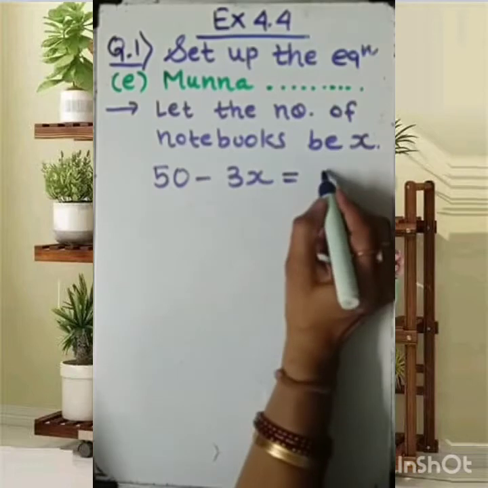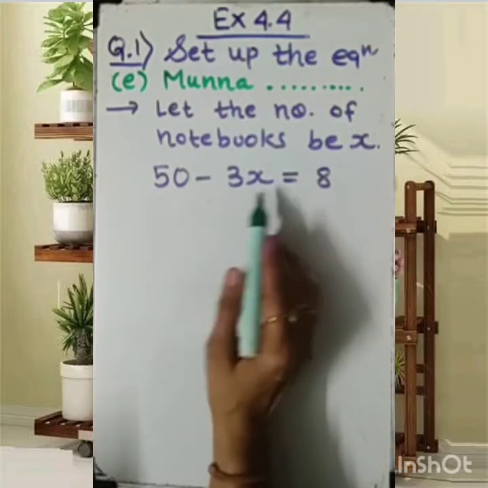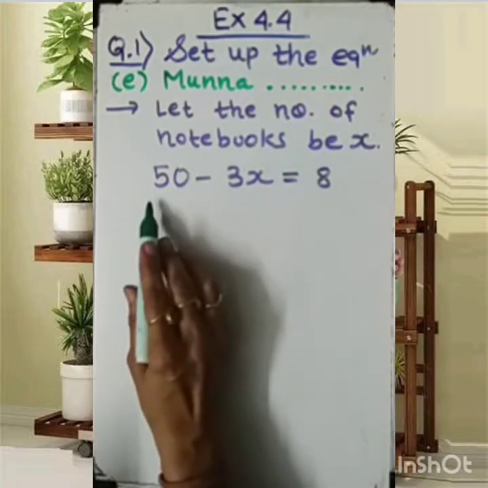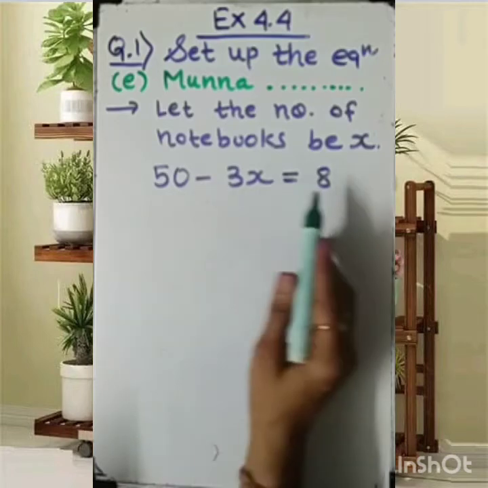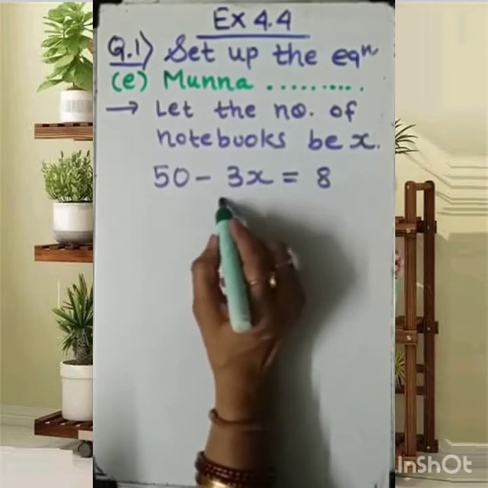I am explaining again. Look at your screen. The number of notebooks we do not know, that is we are considering x. Got it? And thrice the number means 3x. We are subtracting it from 50. So the result is 8. This is our equation.